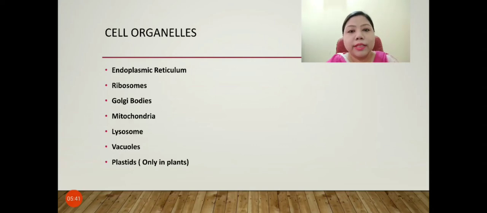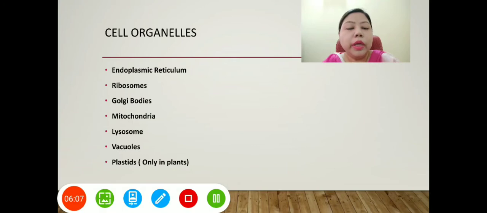In prokaryotic cells, most of the cell organelles are not present. All these cell organelles which you can see on the screen are present in plants and animals. Some of them are common to both plants and animals, and some are present only in the plant body. So let us learn more about it.